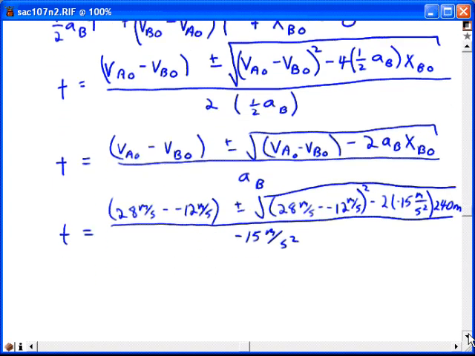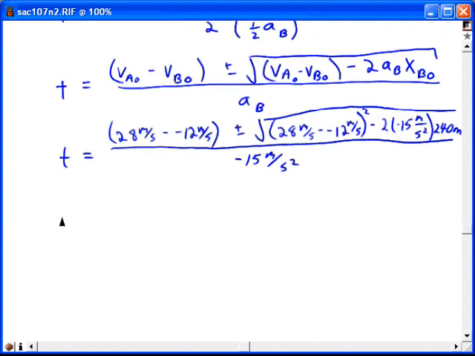So we substitute those values into the calculator, evaluate, and I get 3.59 seconds, which rounds to 2 sig figs.